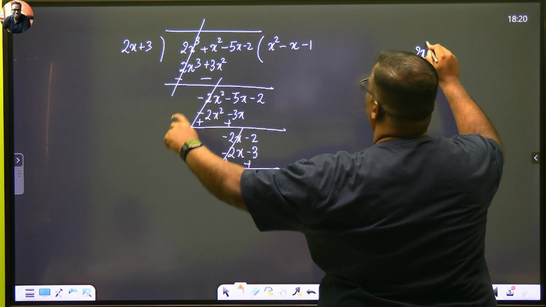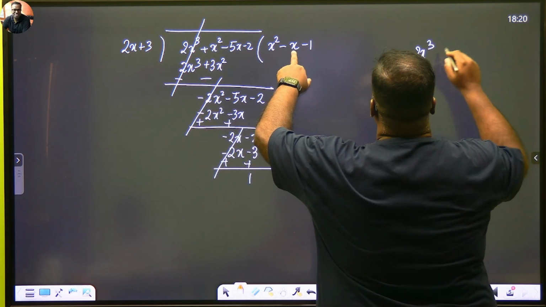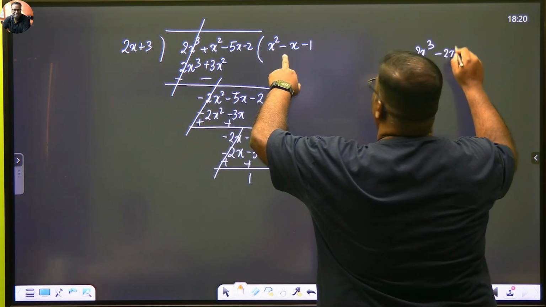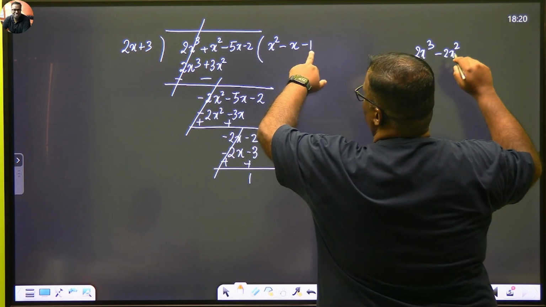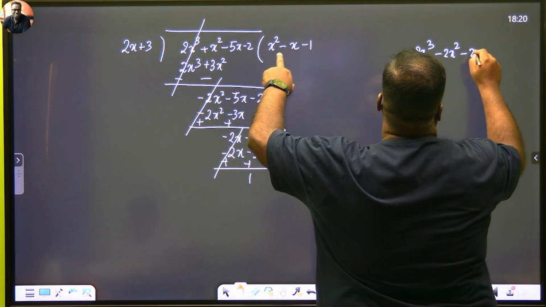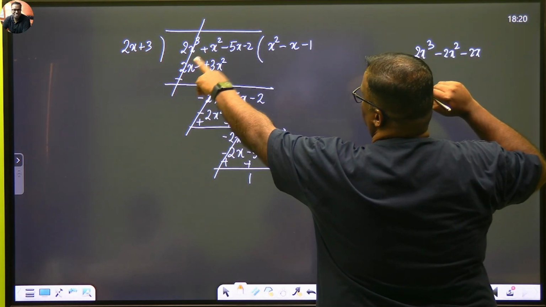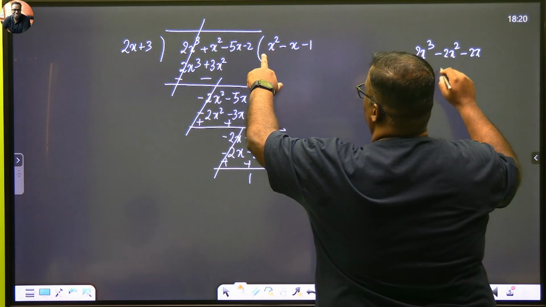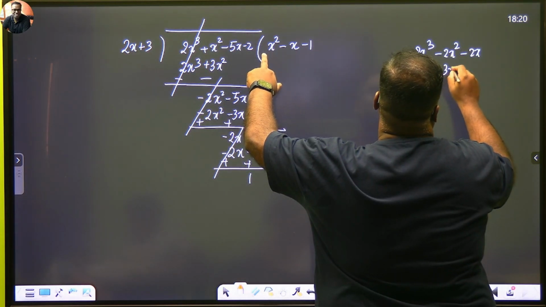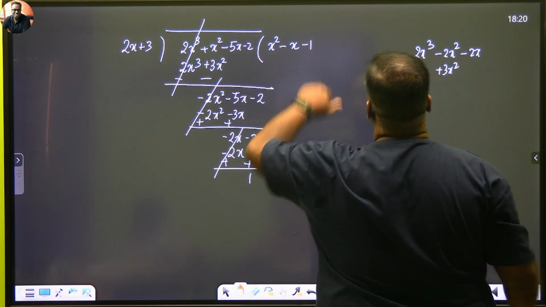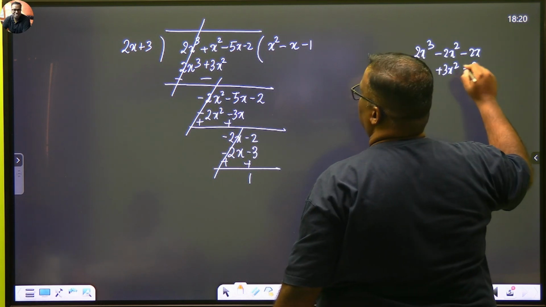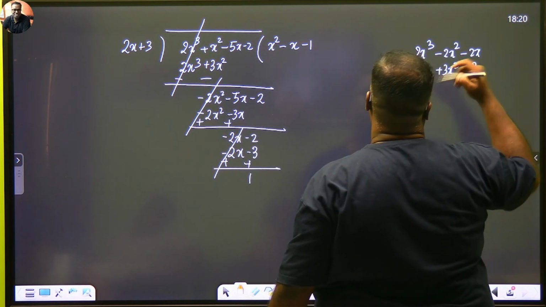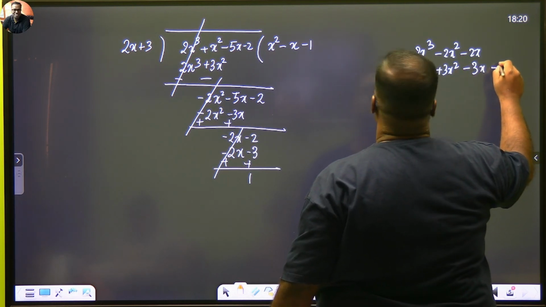Then 2x into -1 is -2x squared. Then 3 into minus, but 2x into this is -2x. Then plus 3 into x square is plus 3x square. Then 3 into -1 is -3. 3 minus 3x and then -3, right?